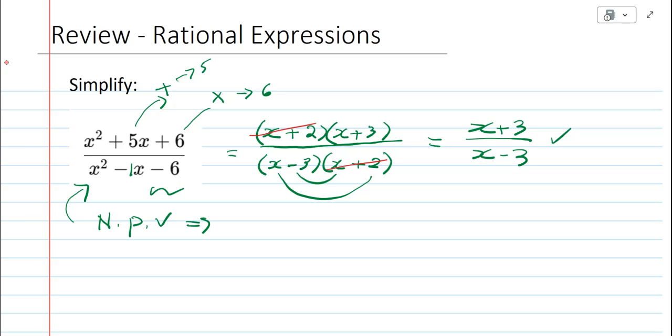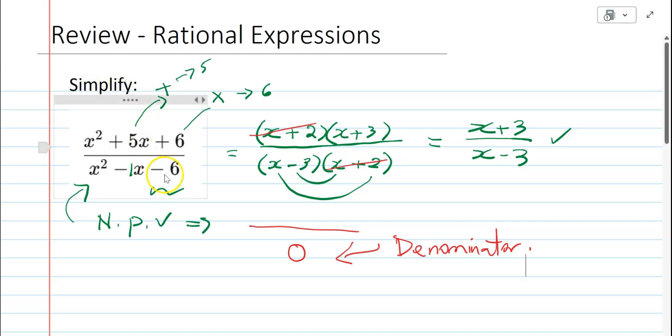Remember the non-permissible values: that means that you cannot have 0 in the denominator of a fraction. That's a non-permissible value. So when you look at the denominator, x squared minus x minus 6, when you factor it, what are the values of x that make the denominator 0?